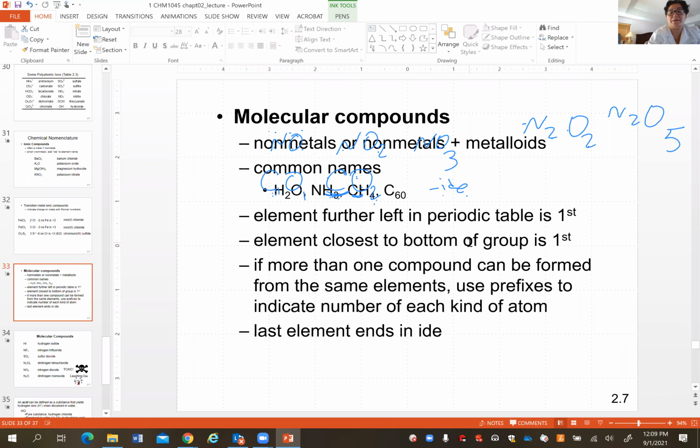So when you have carbon and oxygen, carbon is in group 4, oxygen is in group 6. Carbon is closer to metals, so you write the carbon first when you're writing the formula for molecular compounds. If more than one compound can be formed, you have to use the prefixes to indicate the number of each kind of atom. The last element is going to end with IDE.